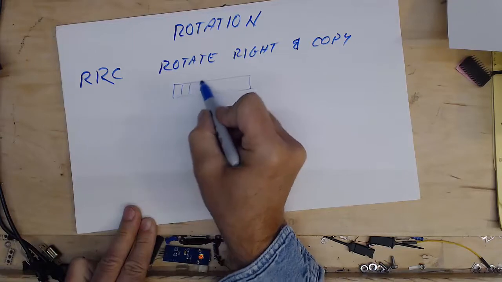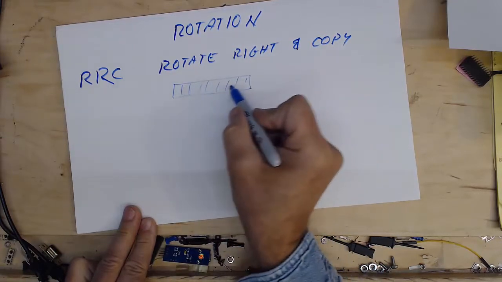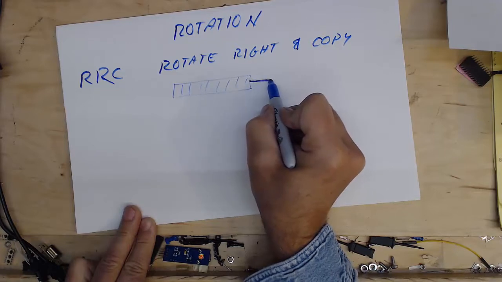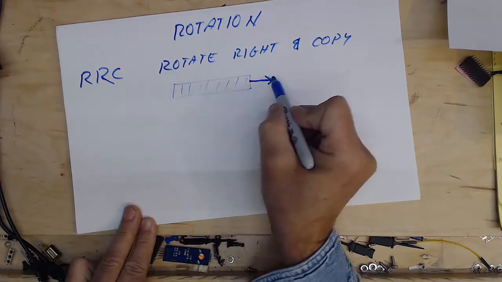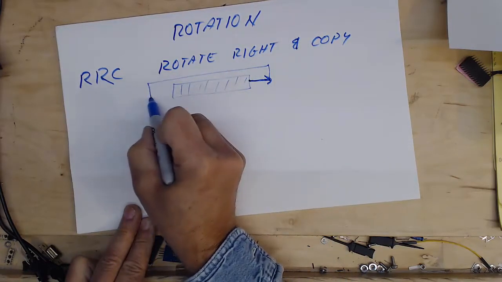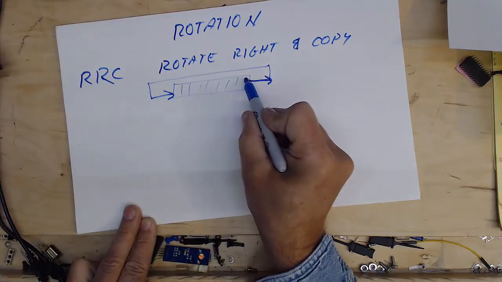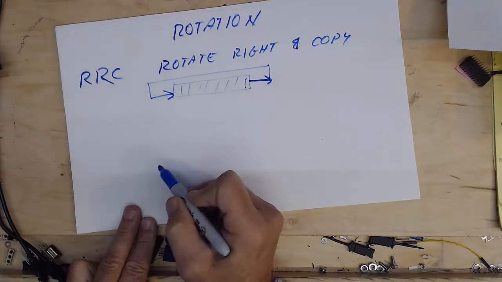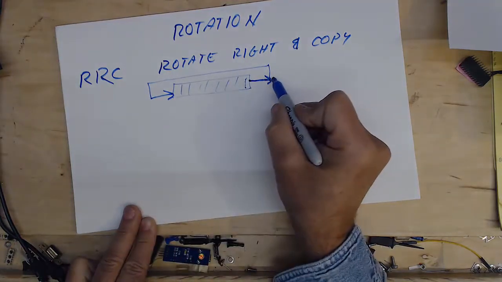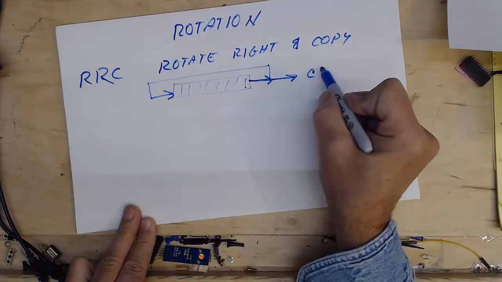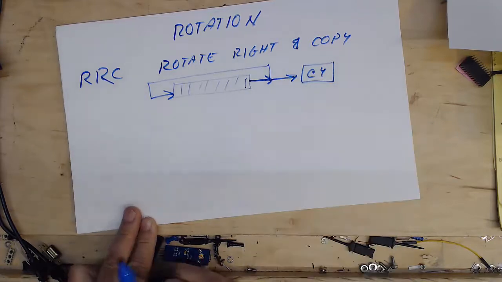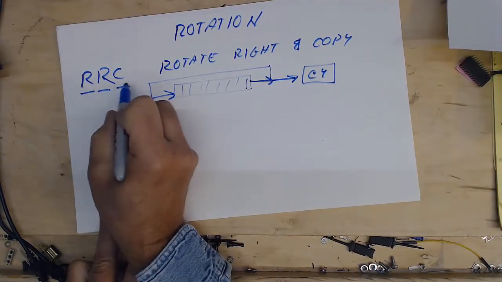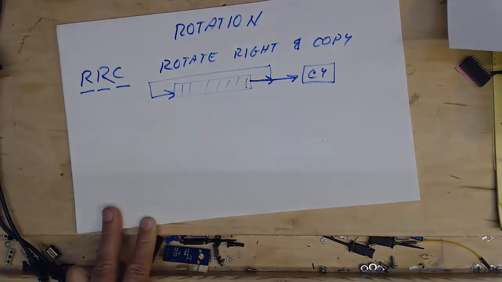So we have 8 bits in our accumulator, and we're going to rotate right. Every bit is going to march one location to the right, and the bit that is on the far right, the least significant bit, is going to go up and become the most significant bit. And we're going to copy that into our carry flag. So we're going to rotate right and copy. RRC, rotate right and copy.